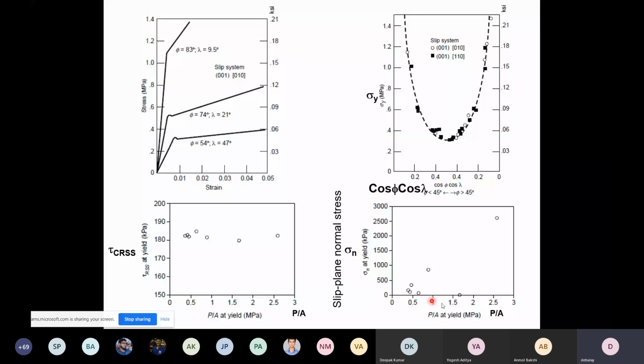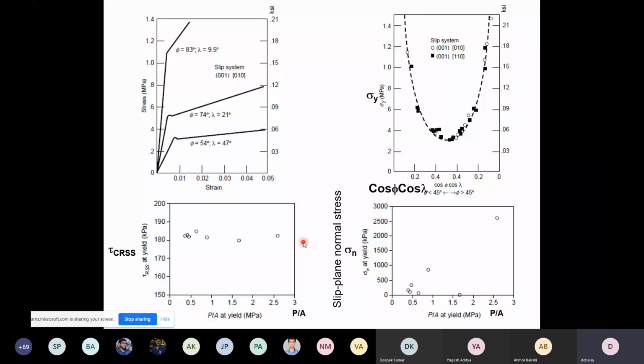The P by A stress, the stress on the cross section, is not important, because depending on loading condition, loading direction, it is changing. But tau RSS is found to be constant irrespective of your loading direction.